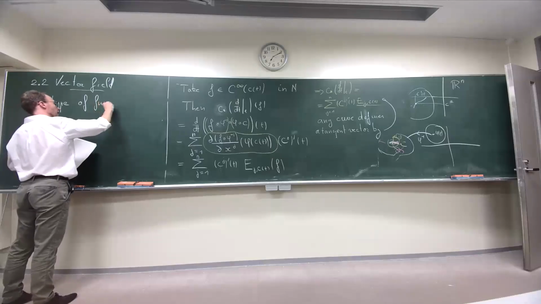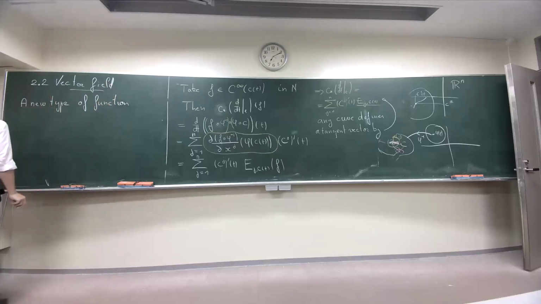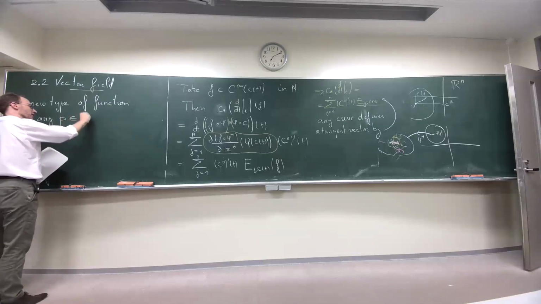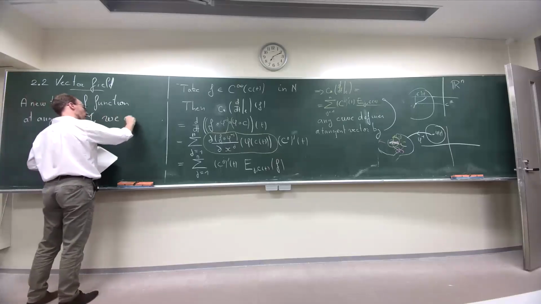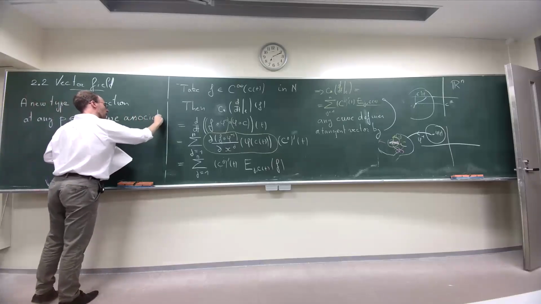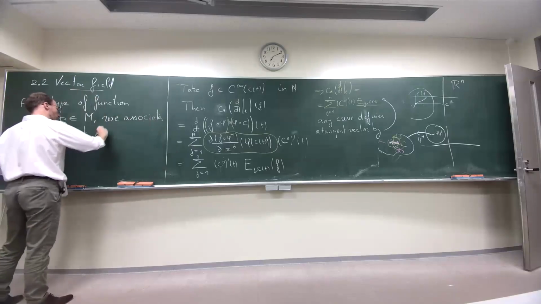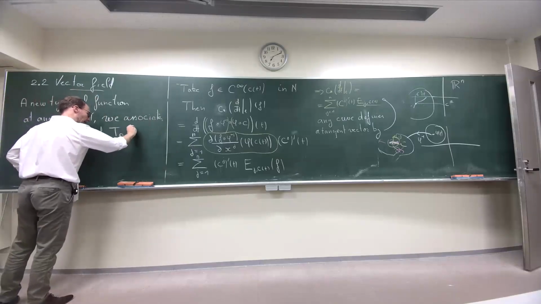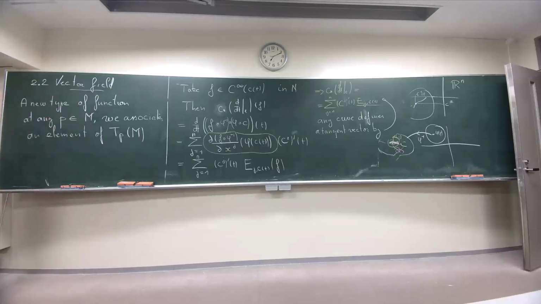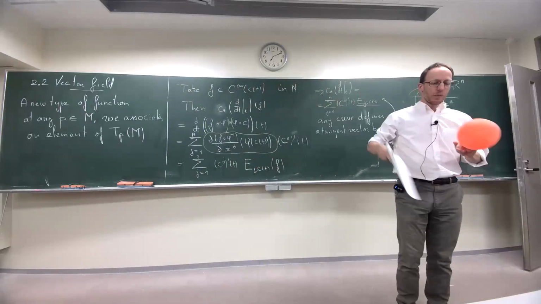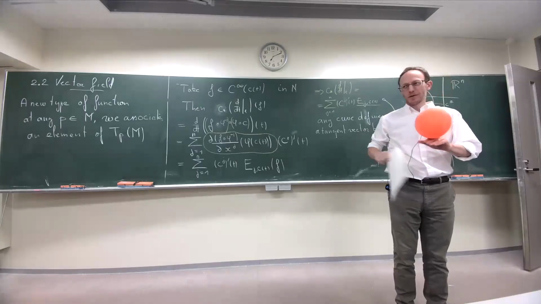So we have to define the domain and the image. So what is the idea? At any P belonging to the manifold, we associate an element of Tp of M. And indeed, if you think about my balloon, at every point, the tangent space should be represented by a plane.